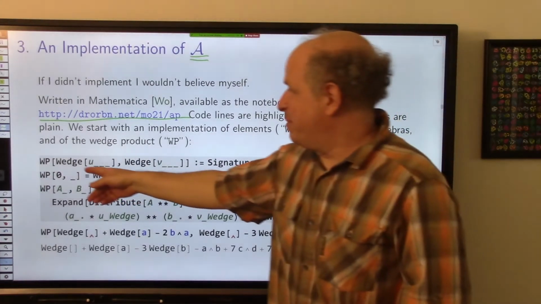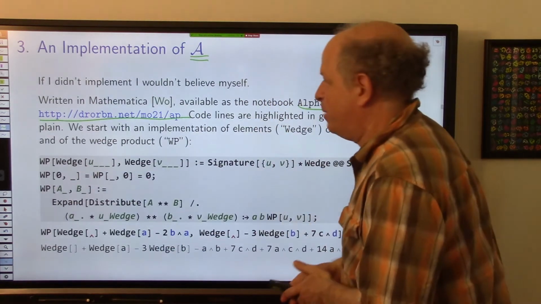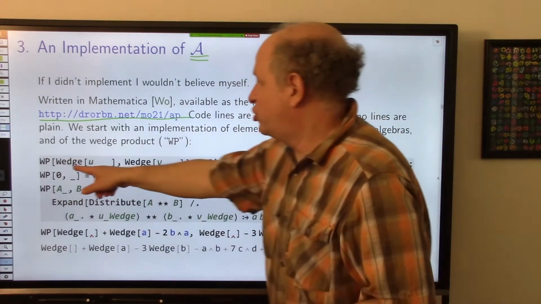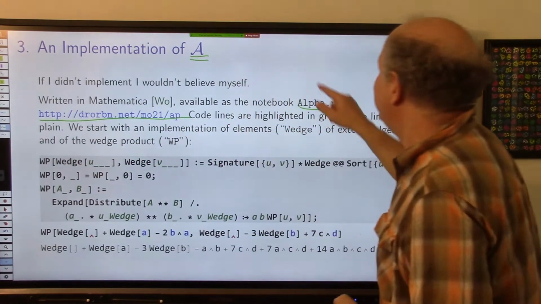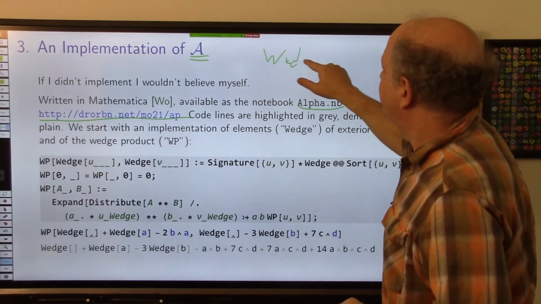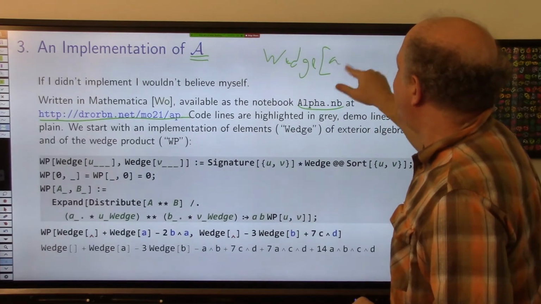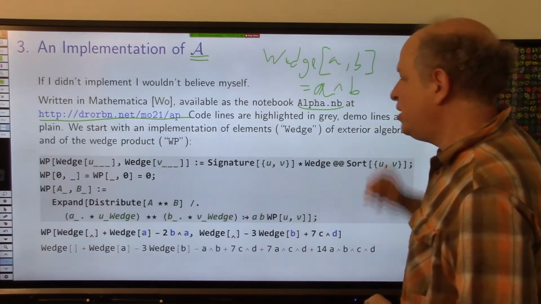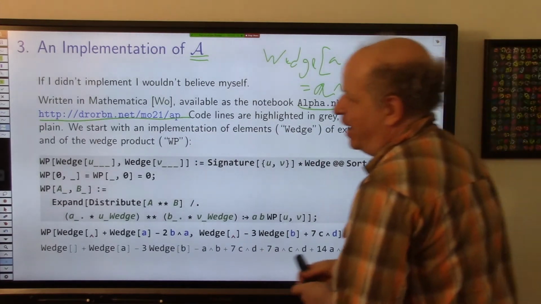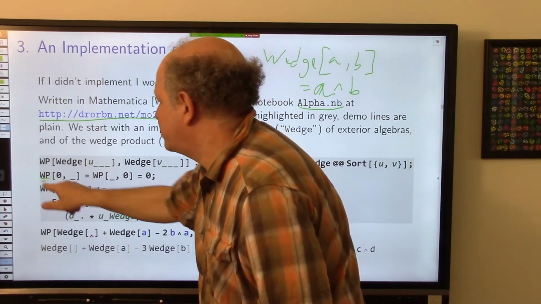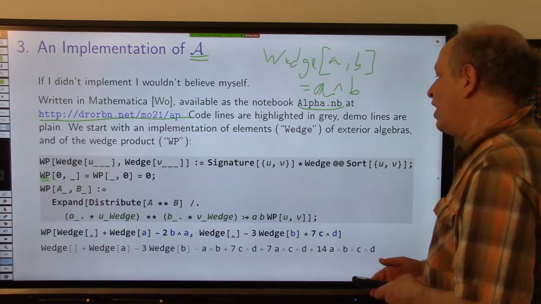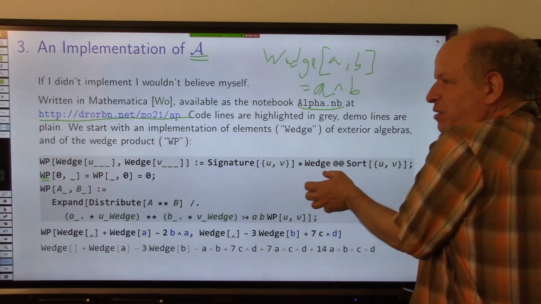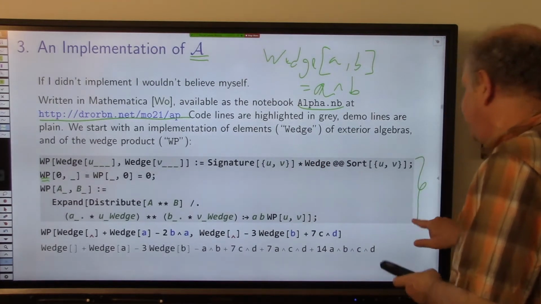I first implement the wedge product. So I first implement a container for elements of an exterior algebra. It's called wedge. Basically wedge of AB is a different name for A wedge B. And then I implement the wedge product. Again, I will not go through the implementation, but this is the complete definition.